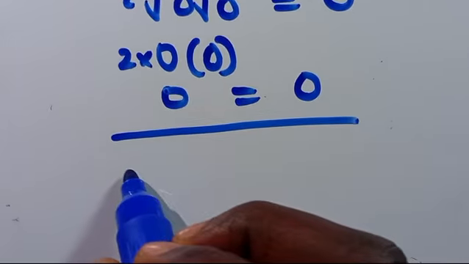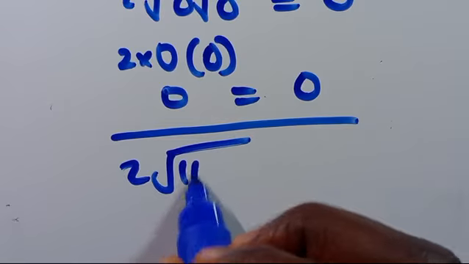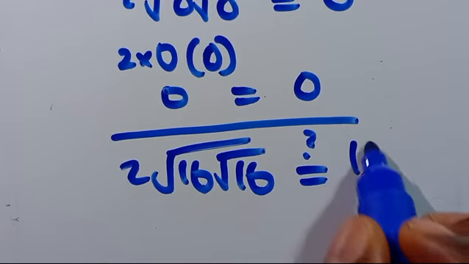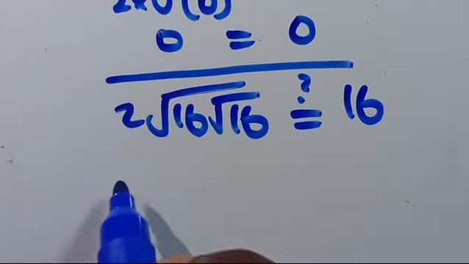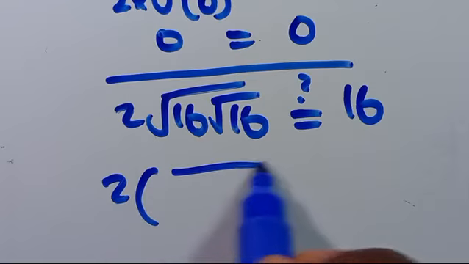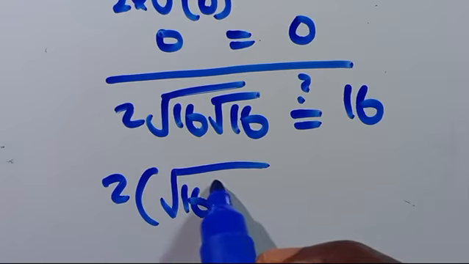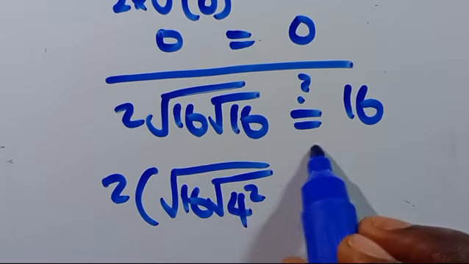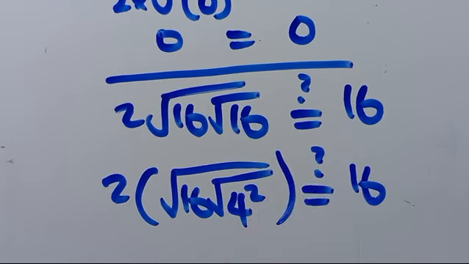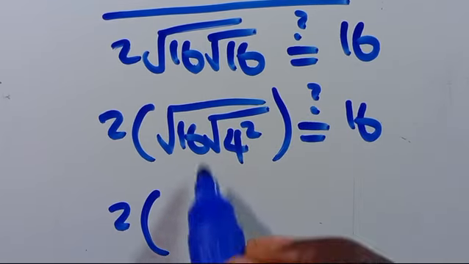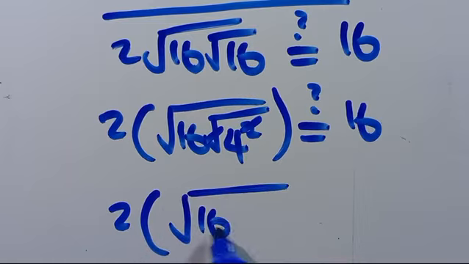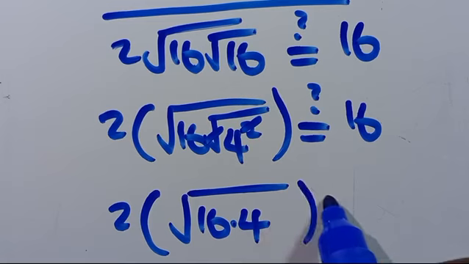When you also test for 16, we have 2 multiplied by root 16 into root 16, and this is going to give us 16. We have 2 root 16. This root 16 we can have as 4, and we cancel out, so we have root 16 times 4.